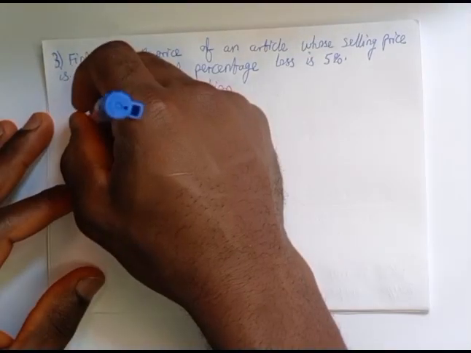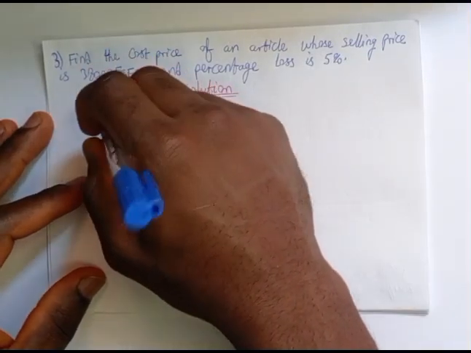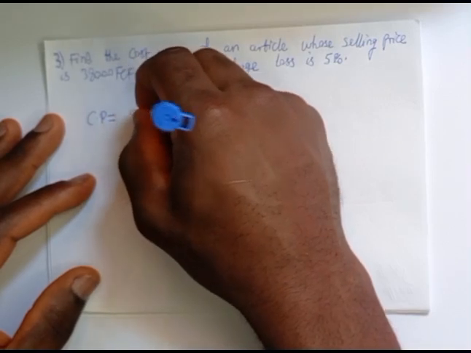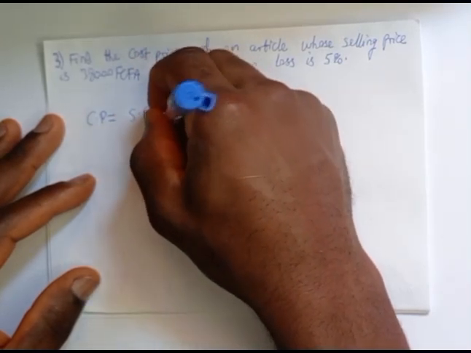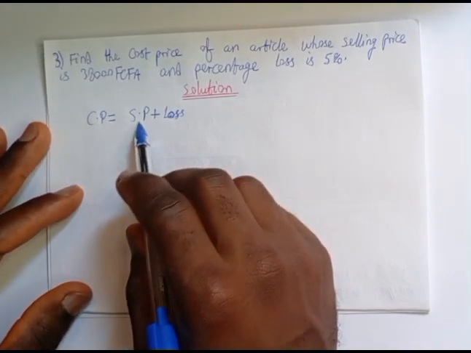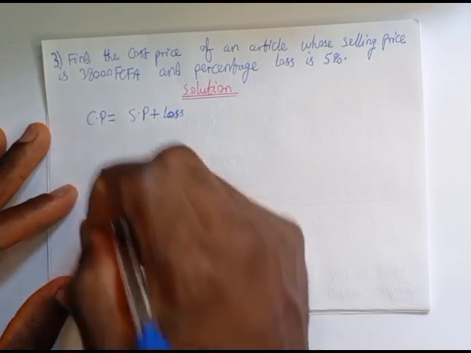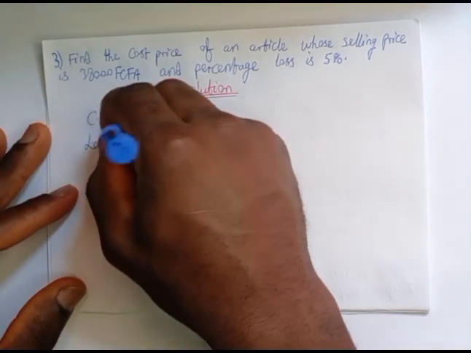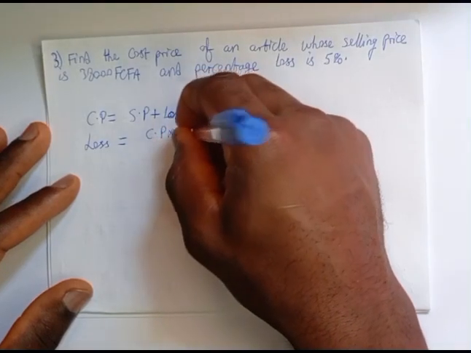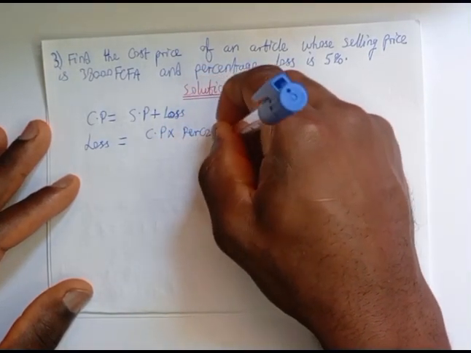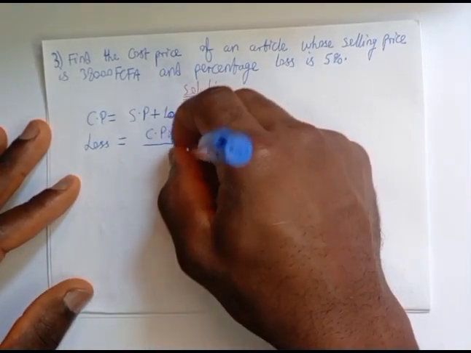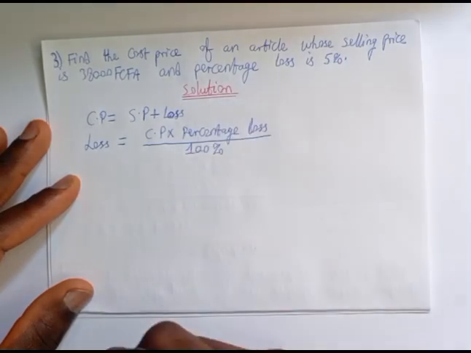Since a loss was made, the cost price of the article will simply be equal to the selling price plus the loss. We know only the selling price of the article and the percentage loss. We don't know the loss. We don't know the cost price. We know loss is equal to the cost price times the percentage loss all over 100%.